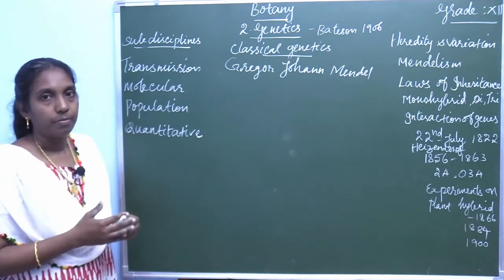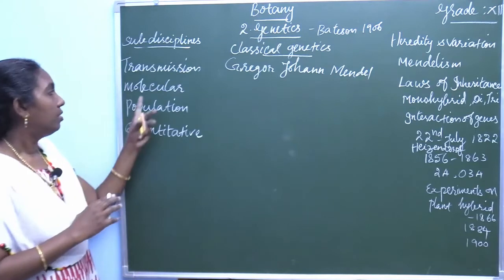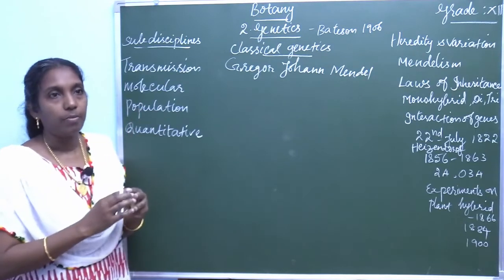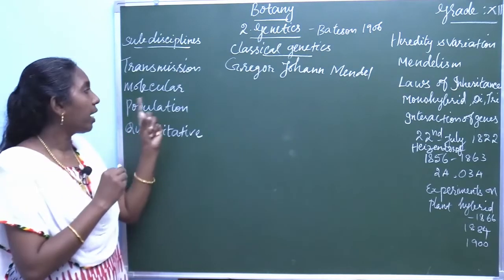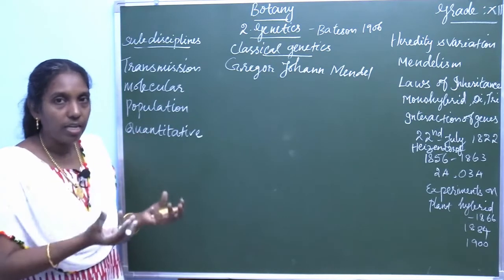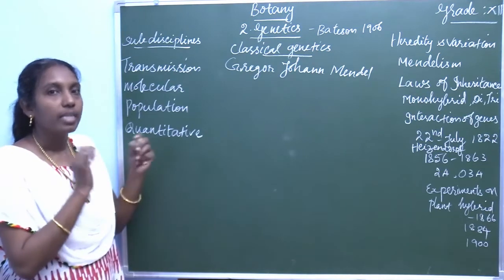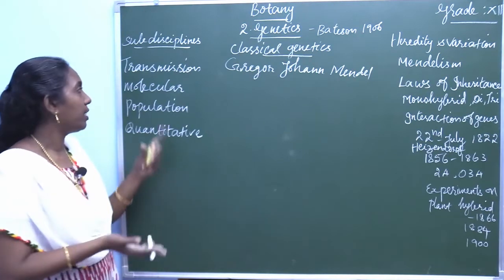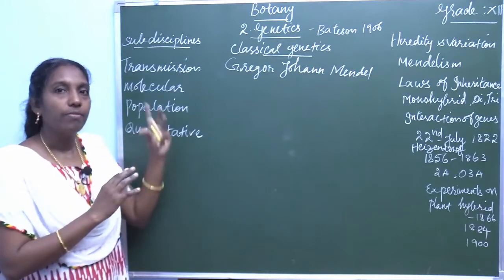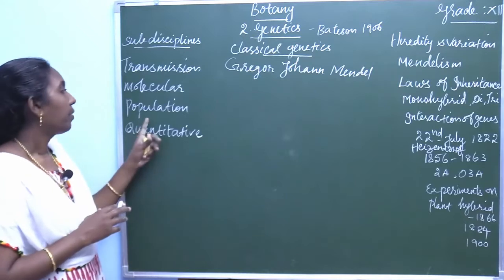Molecular genetics deals with genes, how the genes carry their traits or alleles or characters, and how they are transmitted. The study of genes and their interaction is molecular genetics.